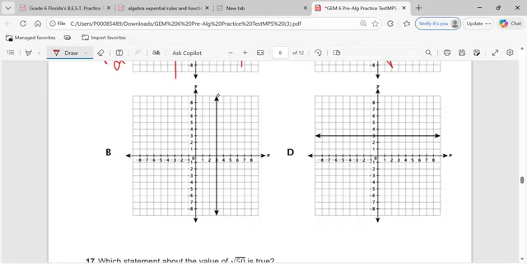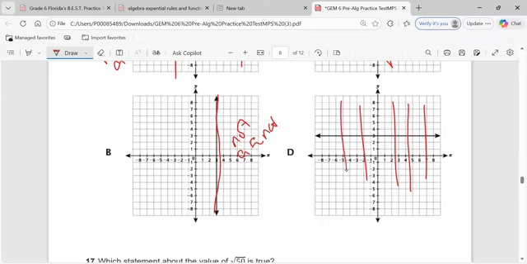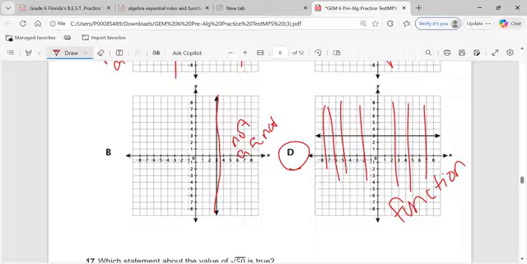This is special, but you see how it just goes straight up all the time? Not a function. See how we have our line, and every time I go, it only hits once. Each domain is used once. This is a function. The domain is used only once, whereas here the domain is used for every single coordinate point.